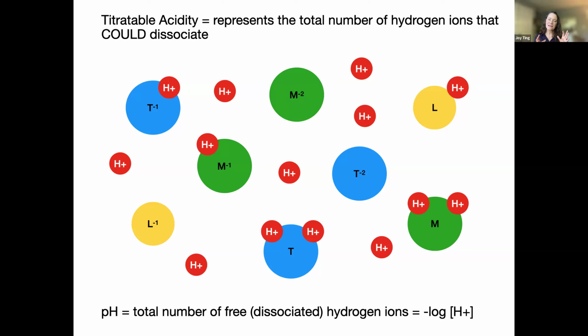The pH is not just grams per liter like we have for titratable acidity. Instead, it's this kind of confusing metric of the negative log of the hydrogen ion concentration. So it is a measure of the concentration, but the fact that it's a log means that it's measured in increments of 10 times as much.